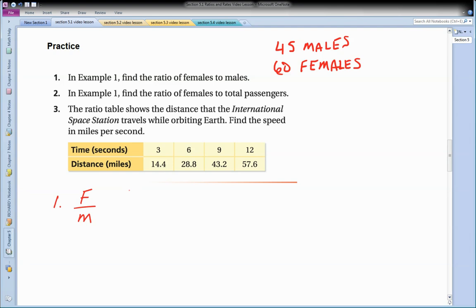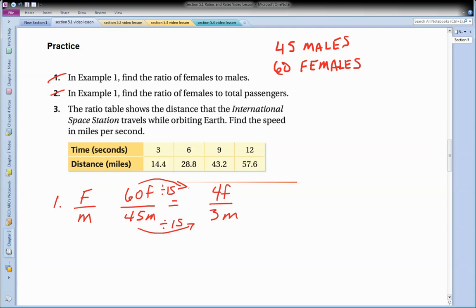Well, I know there's 60 females and there are 45 males. And then we need to simplify this. And remember, from example 1, I just need to divide numerator and denominator by 15, and I end up with 4 females for every 3 males. Okay, so that takes care of that one.